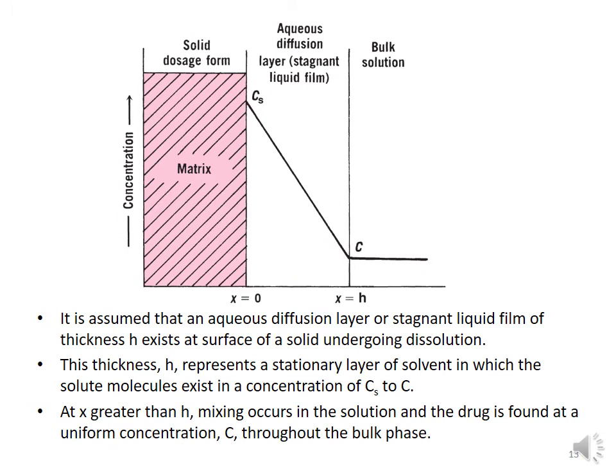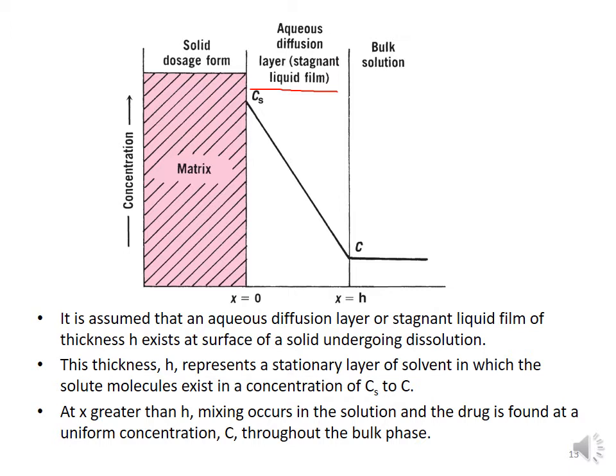In dissolution or mass transfer theory, it is assumed that an aqueous diffusion layer or stagnant liquid film of thickness h exists at the surface of a solid undergoing dissolution. This is the stagnant or aqueous diffusion layer.